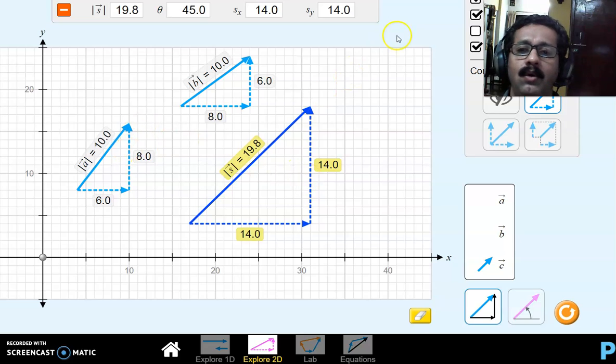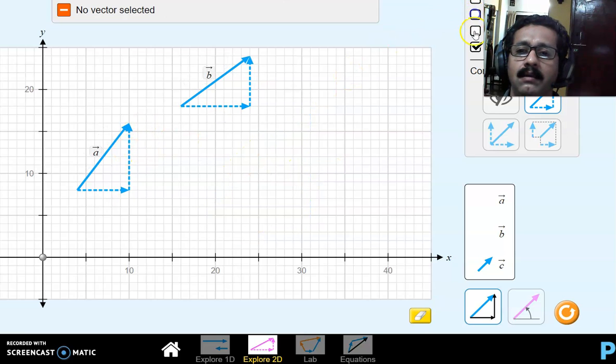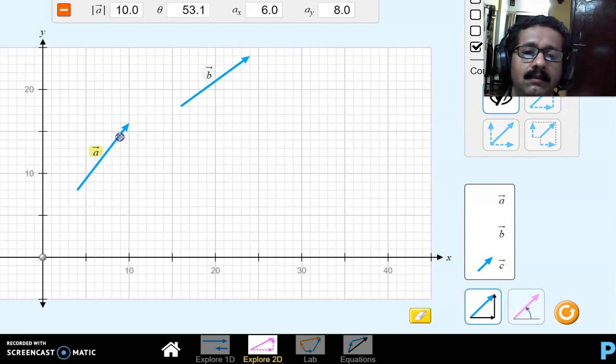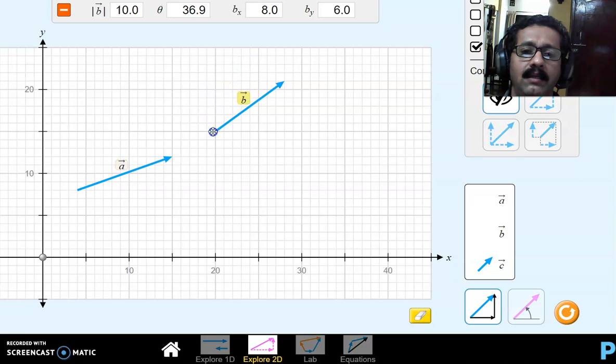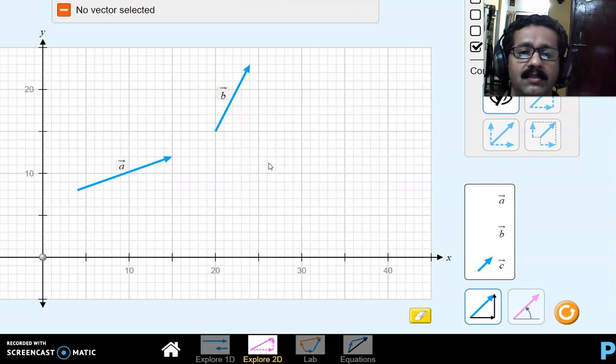If I want my vectors to be shifted a bit, maybe I shift this vector a to be somewhere here, and I take my vector b and change its direction to be somewhat like this. Now what is vector a plus vector b?